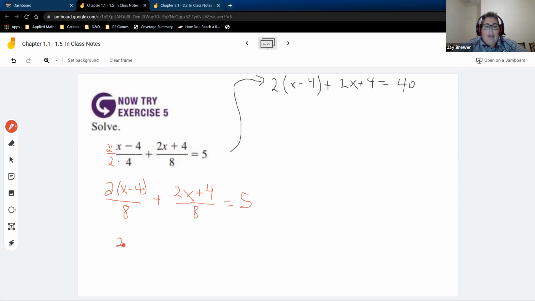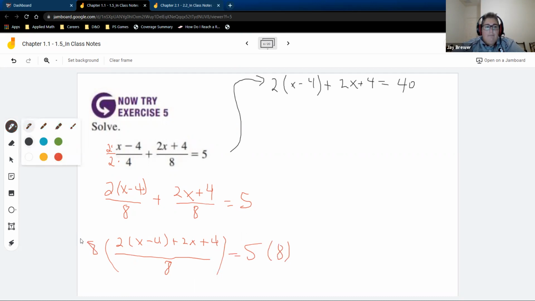So then basically they had 2x minus 4 plus 2x plus 4 all over 8 equals 5. And then from there, you can now multiply both sides by 8. Okay, and then that actually brings you right back here. The 8s cancel. You have 2x minus 4 plus 2x plus 4, again, equals 40.